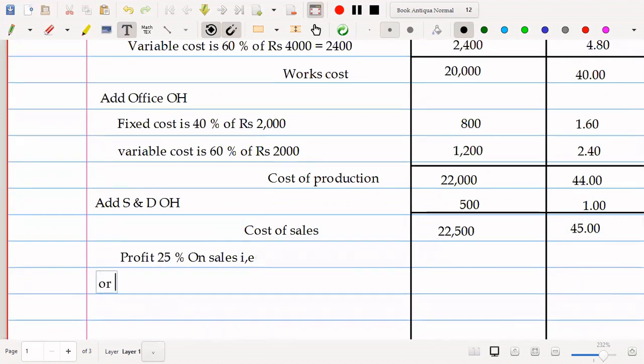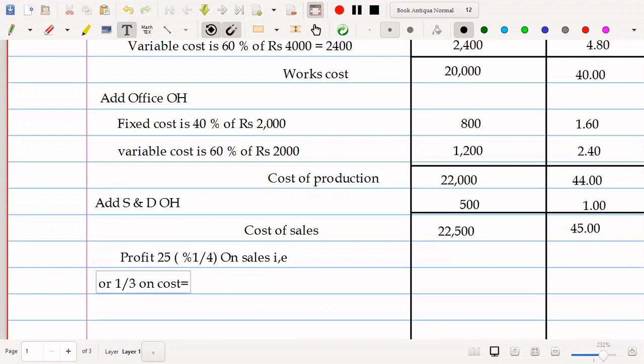As I said in my earlier problem, 25% means 1/4. When we take it on cost, the denominator will decrease by one number. So I have told you this, 1 divided by 3 on cost.